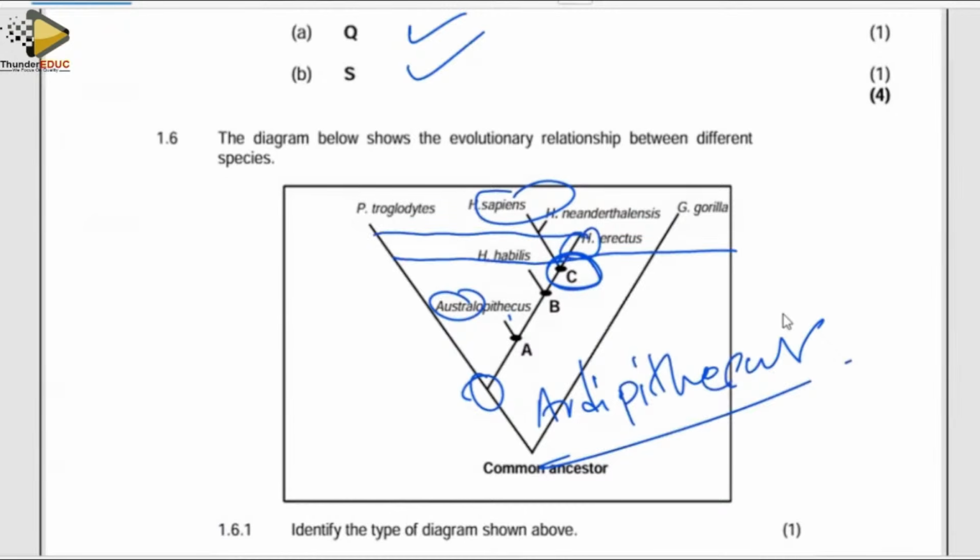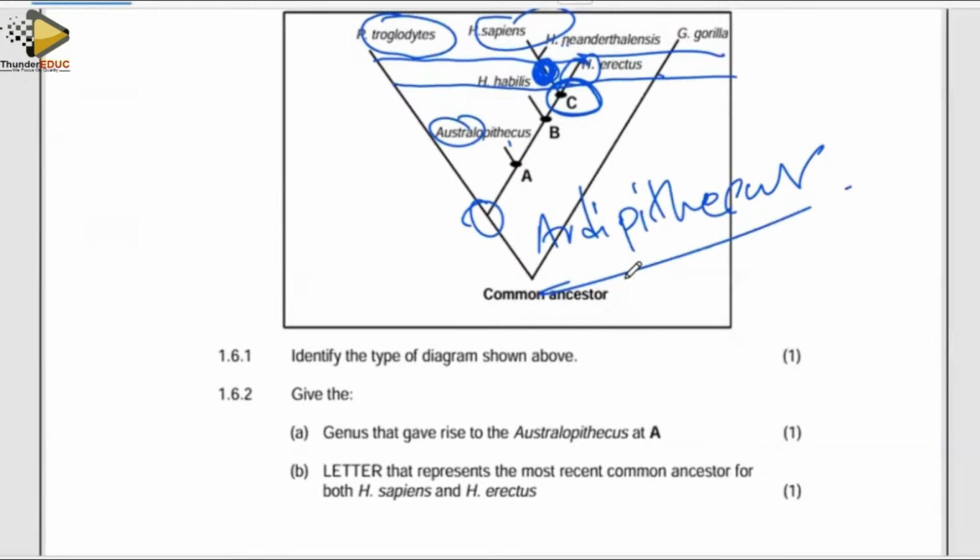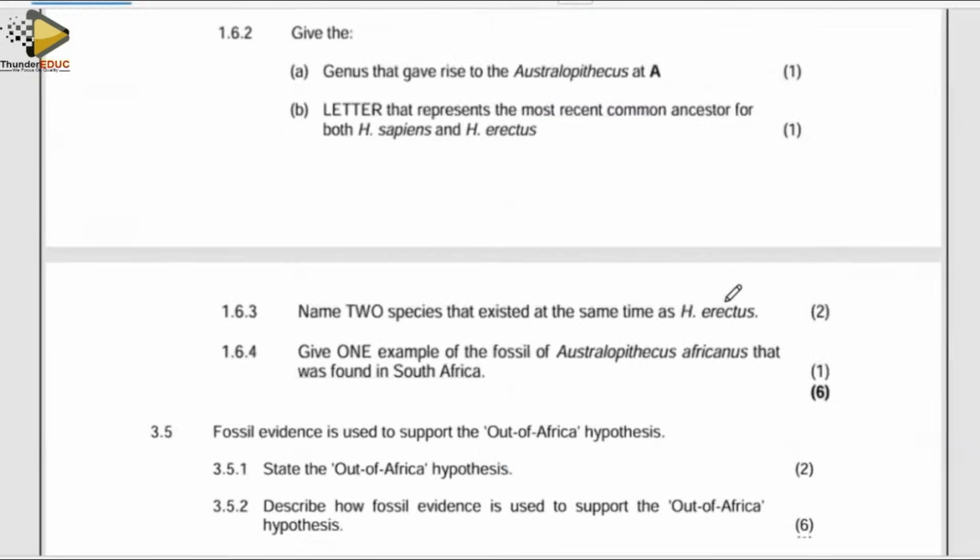So we see that gorilla existed, and then also troglodytes also existed, and then the recent ancestors of Homo neanderthalensis and Homo sapiens. So all of them existed at the same time.